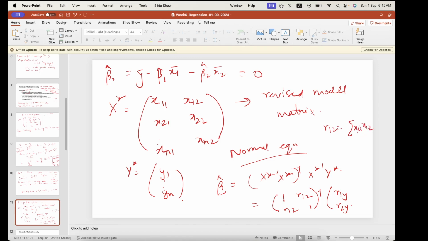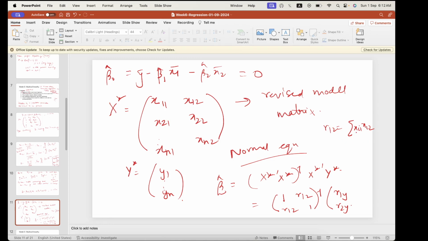Mind you, small x1 bar and x2 bar are 0. So this is actually the correlation, covariance divided by variance, so the down part is always 1.